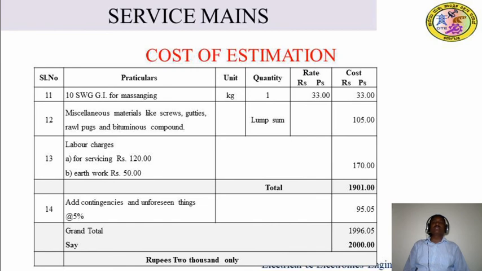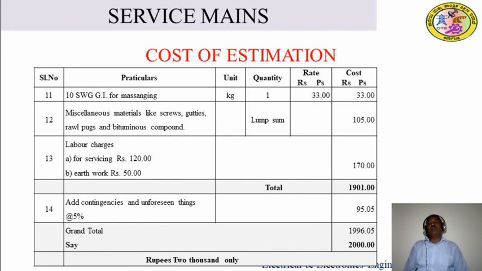So all those materials calculated you have to put in a particular table column. That we call a schedule of material table or a material list column. So there are 3 columns: serial number, particular, and quantity. So in the particular column you have to write all the materials with specification, and in the quantity column you have to mention the amount we have calculated.